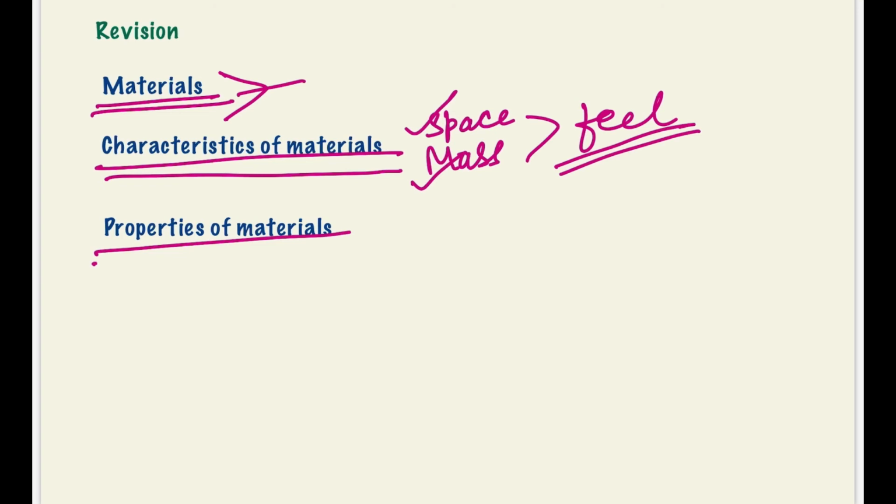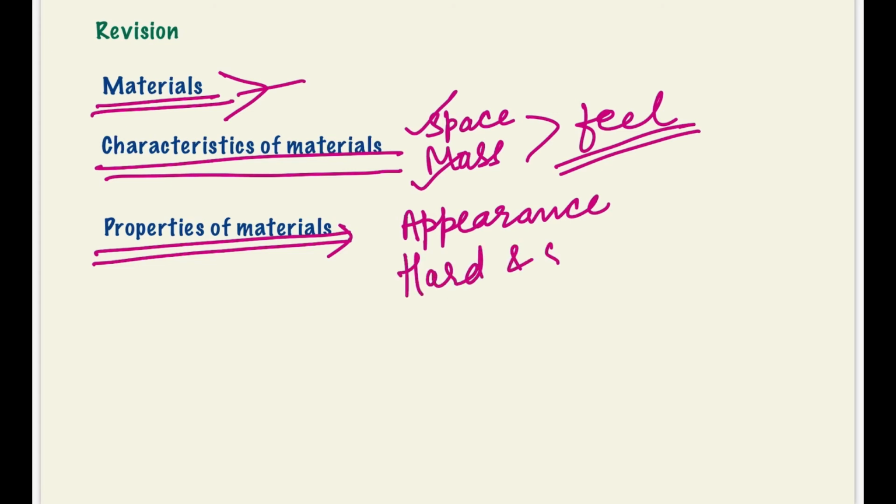Now the properties of material, we discussed them also. First was appearance. You should see whether it is shiny or dull. Second one was hardness and softness. Third one, it should be soluble or insoluble.